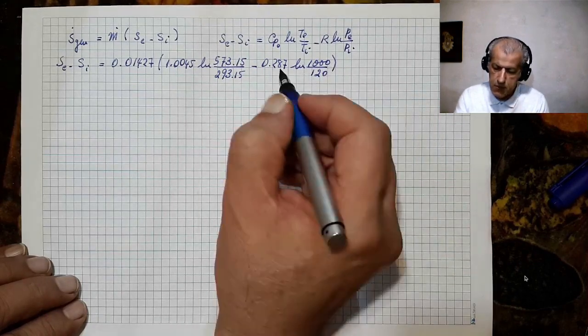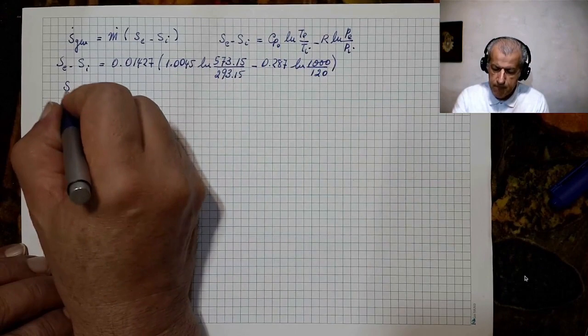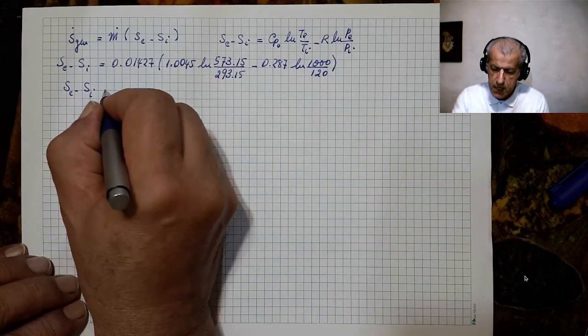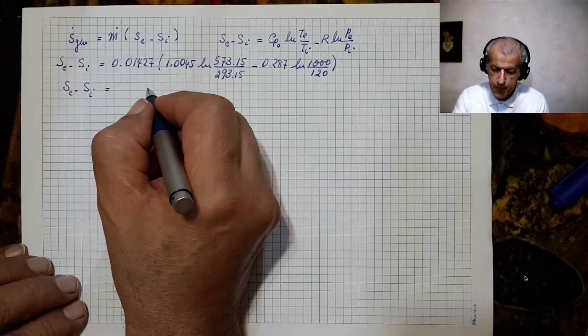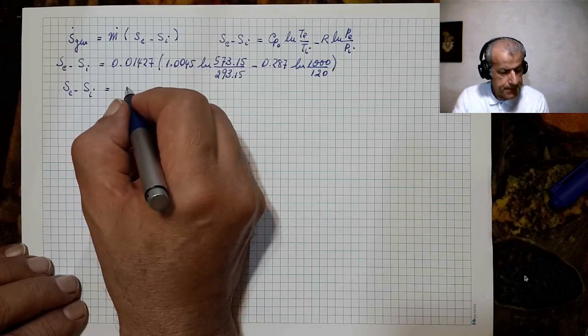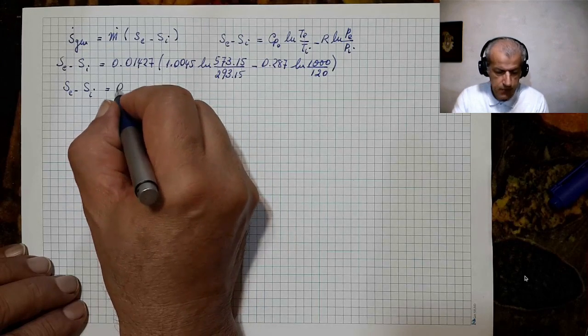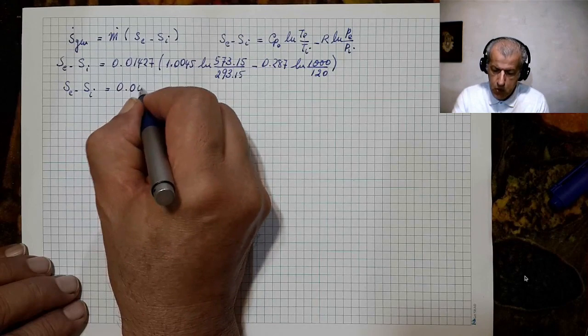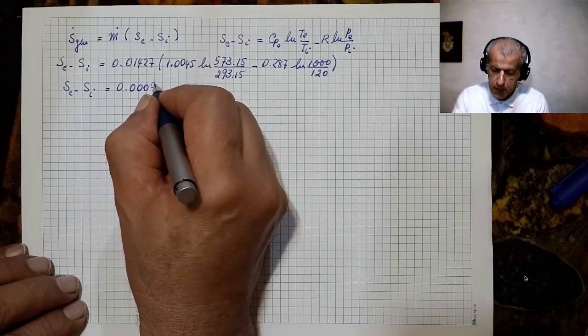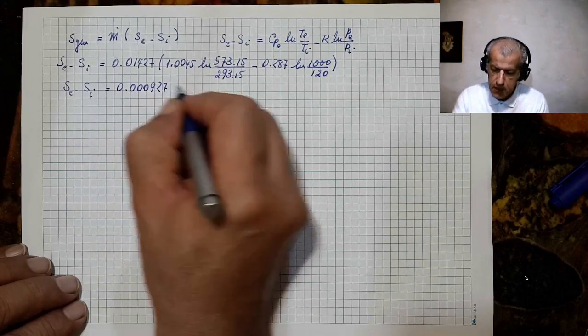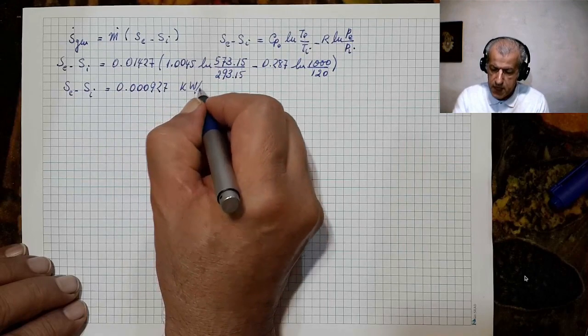And the outcome for Se minus Si equals 0.0000927 kilowatts per Kelvin.